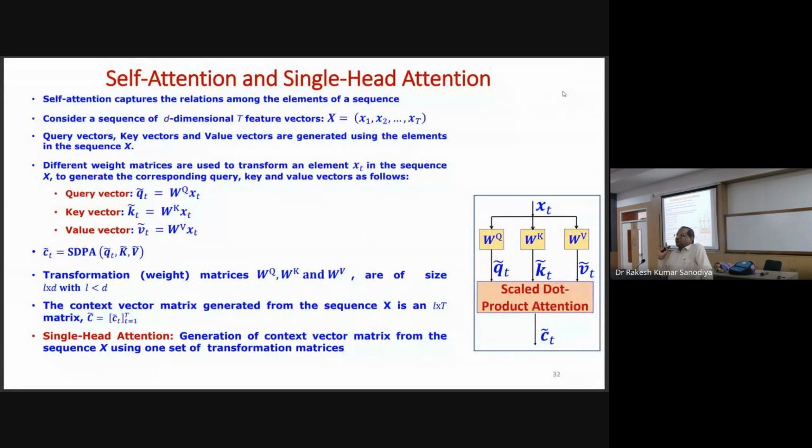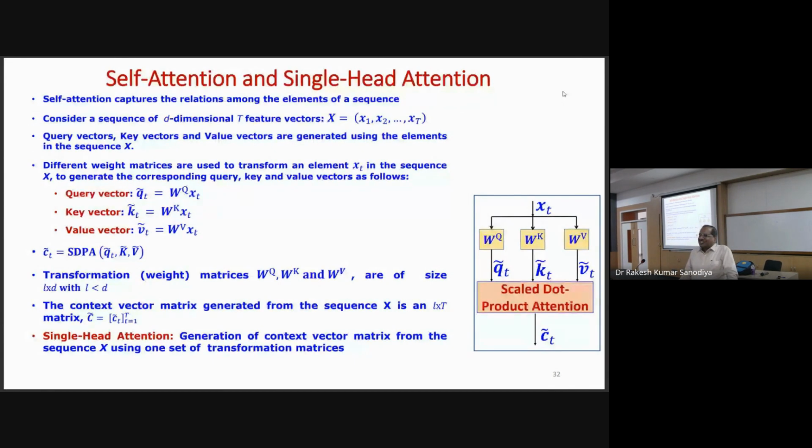And I'm going to use one set of linear transformations here to generate all these query, key, and value vectors, right? And when I do that, I'm performing what is called single head attention. So single head attention generates one context vector from every query vector, right? And that uses all the key matrices and the value matrices. That's what is pictorially represented here. As you can see here, x_t is passed through this W_Q, W_K, and W_V. We generate all these three vectors. Then I perform the scaled dot product attention and then generate this context vector, right?